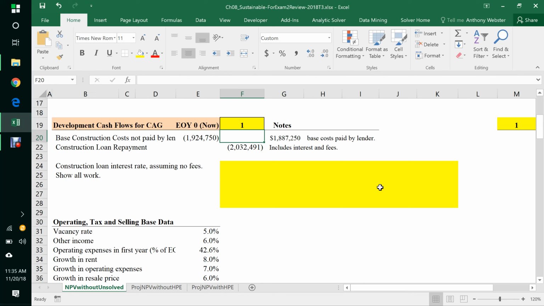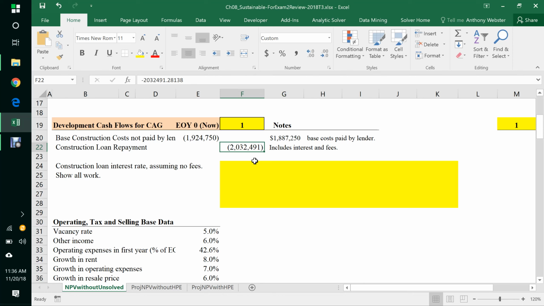And then I've added something new here because we had some good questions on this and the related homework. Because I've given these to you, they're just numbers. And some students asked, how did I get that repayment amount? And I said, well, it's just given.